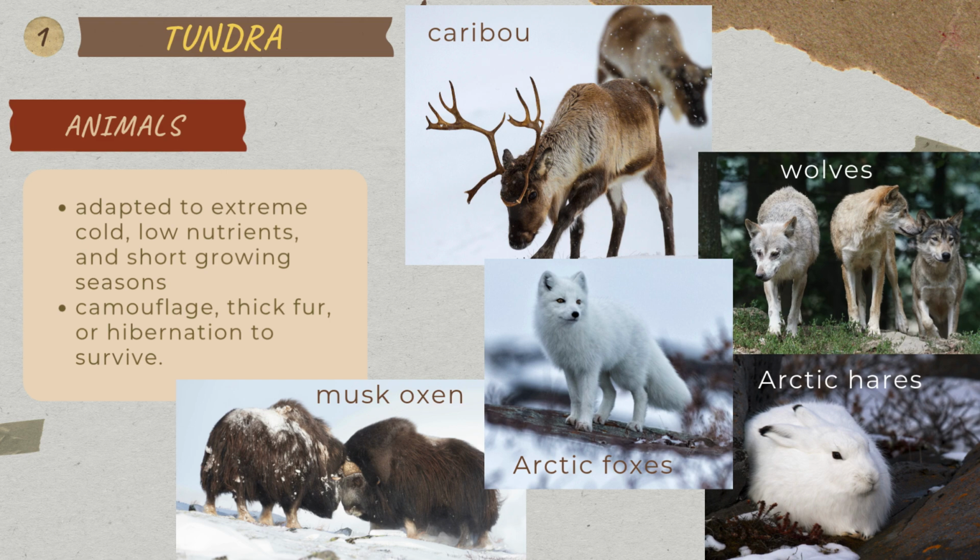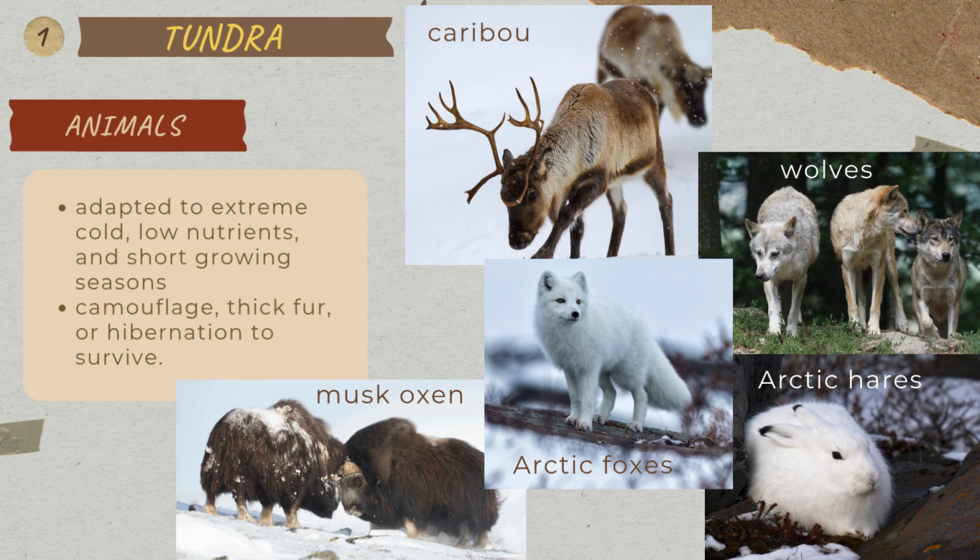That is because it's winter. But whenever it is summer, they turn their coats brown to camouflage. Okay, and aside from thick fur and dense undercoats, they also have heavy layers of fat to protect themselves against the extreme cold temperature.